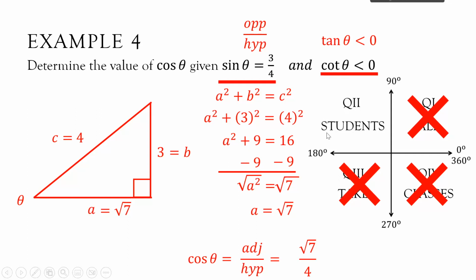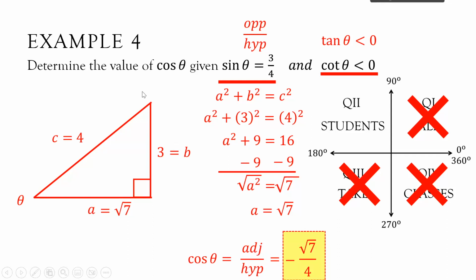Again, in quadrant 2, we have the S in students. Only sine and cosecant are supposed to be positive. So that means cosine should be negative. That is, cosine of theta is negative square root of 7 over 4. Finishing up our example here.